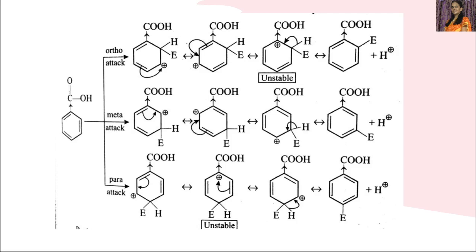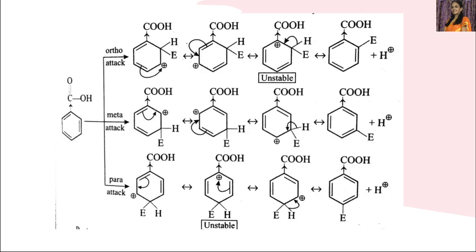Therefore it is delocalized. That is the mesomeric effect. Because of that, this positive charge is delocalized, and in this structure it is present on second carbon. You can see another resonance structure where the positive charge is present on sixth carbon, and now in this structure the positive charge is present on the fourth carbon.